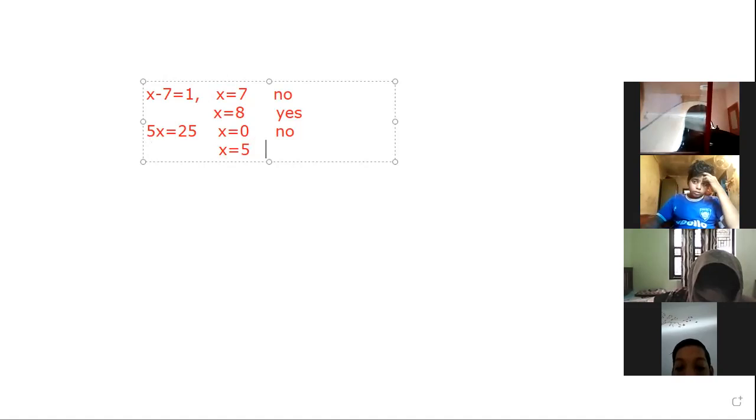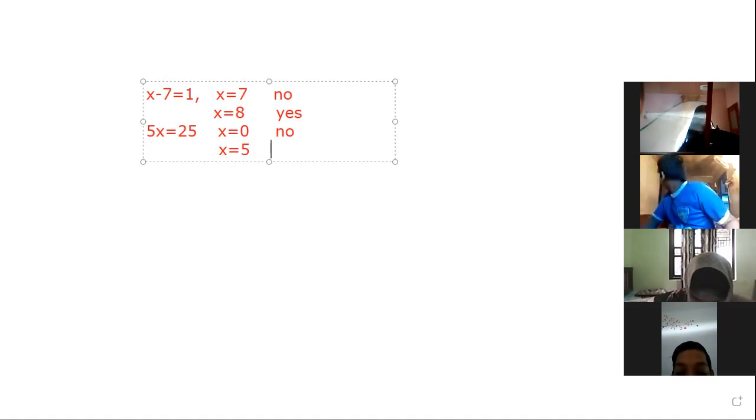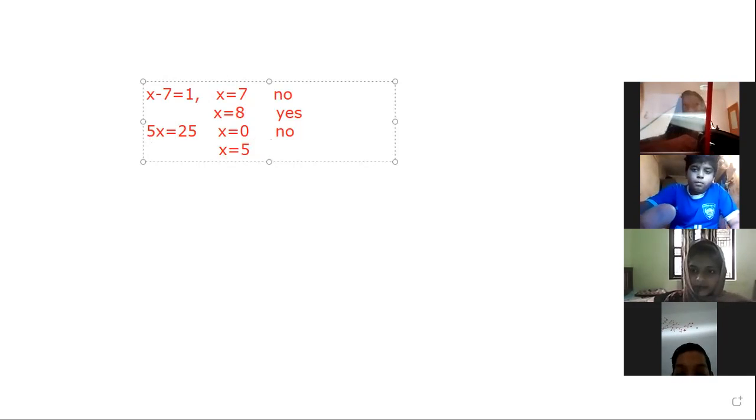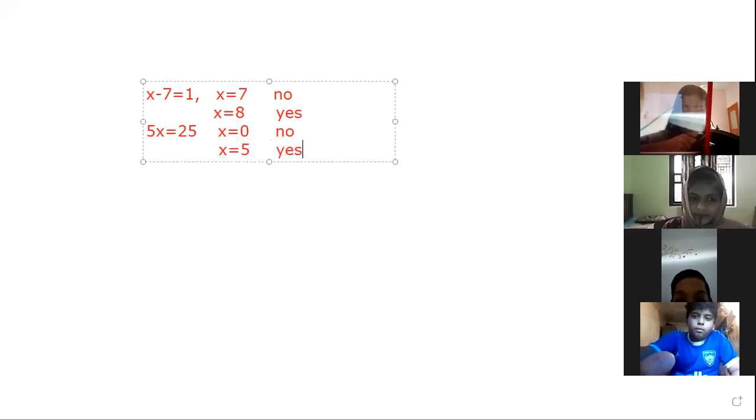What is the value of 5 into 5? 25. So 5x equal to 25. Then we can say that the value of x is satisfied. So we can write it as yes.